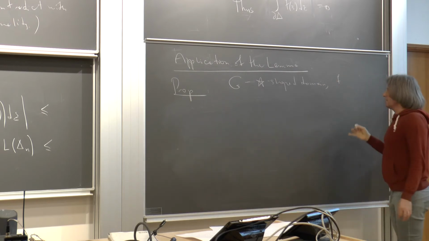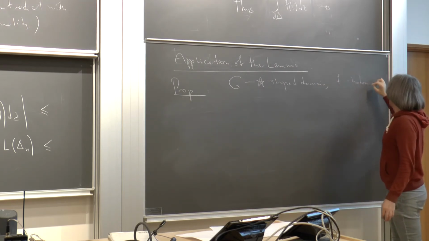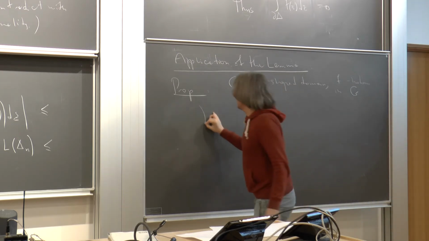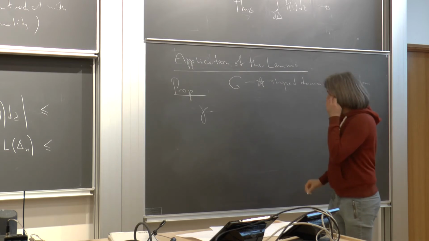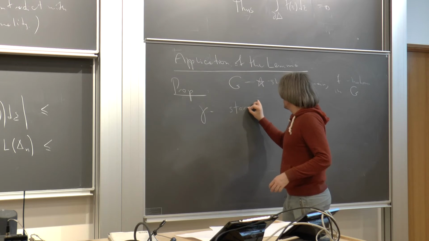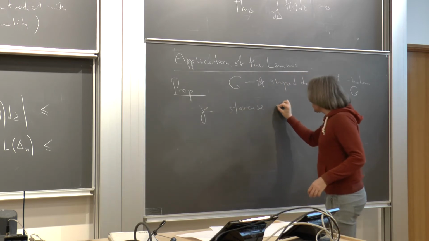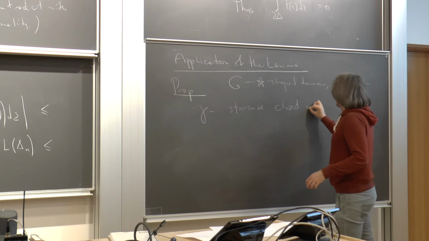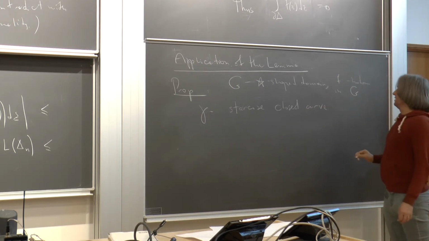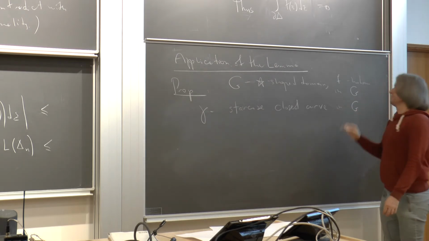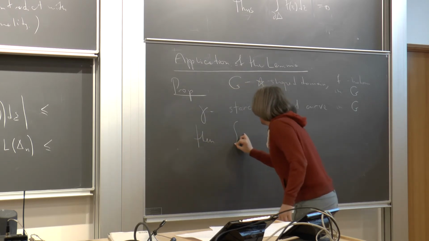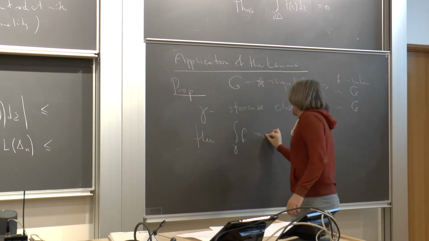F is holomorphic in G. And gamma is the staircase type closed curve, so a staircase loop in G. Then the integral over gamma of f is 0.